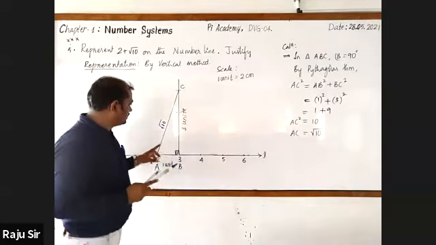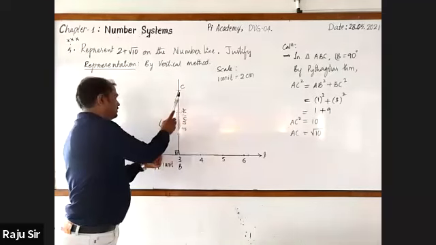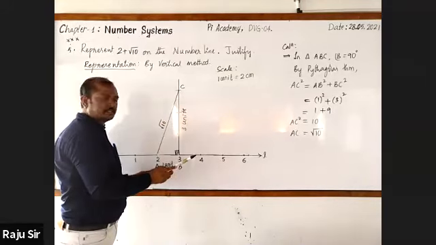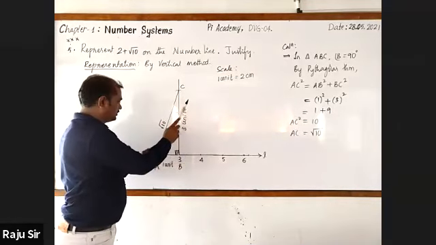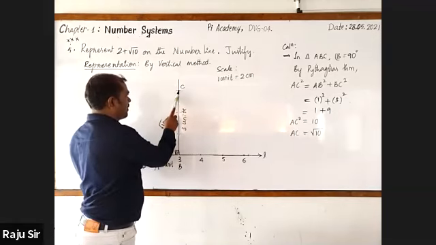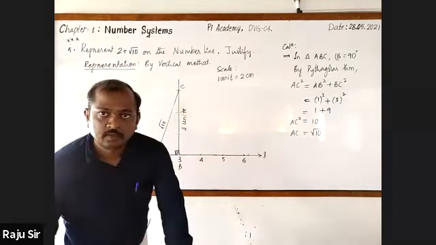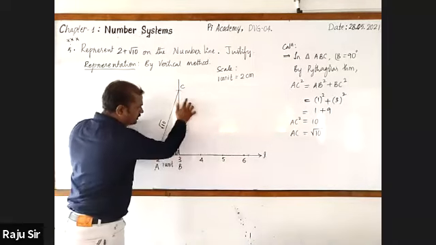Next, take a distance of AC. With A as center, draw an arc on the line.